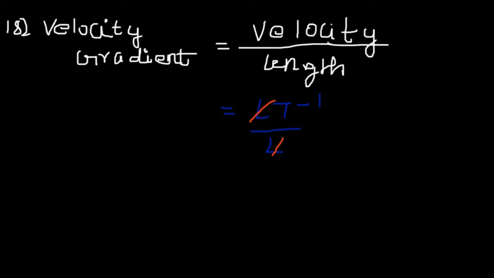Your resultant value will be T power minus 1. So this is your dimensional formula for velocity gradient.